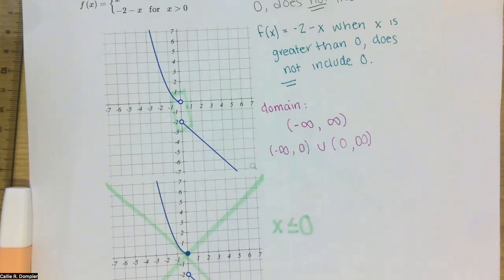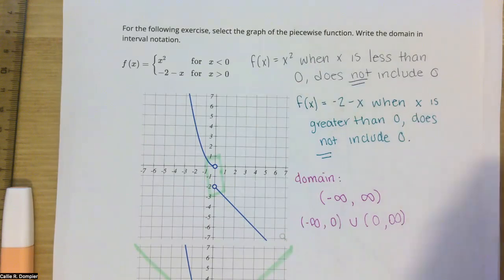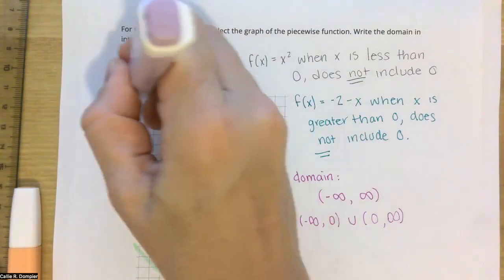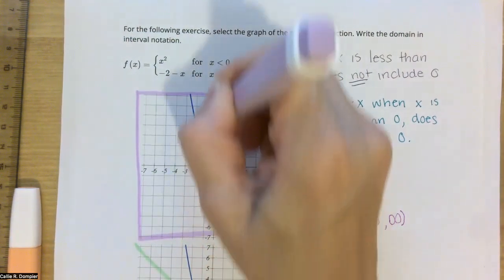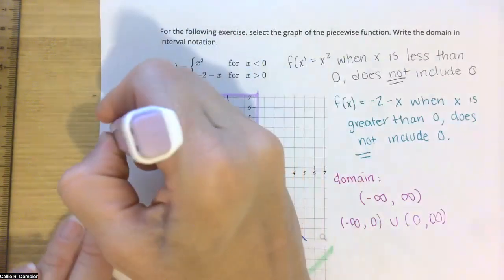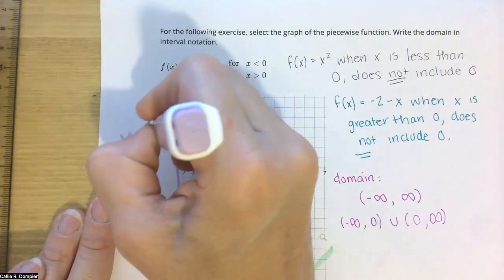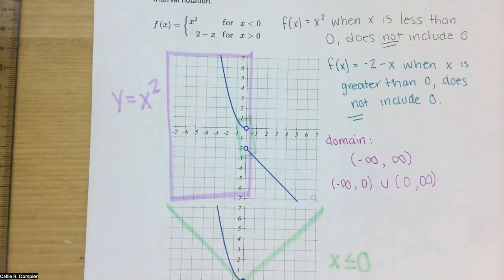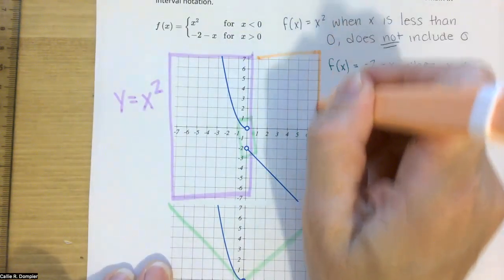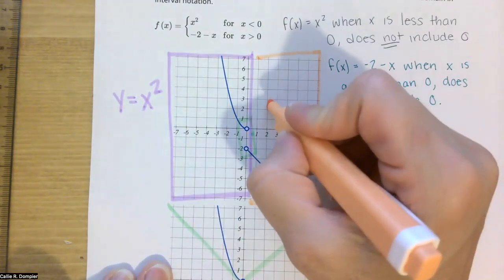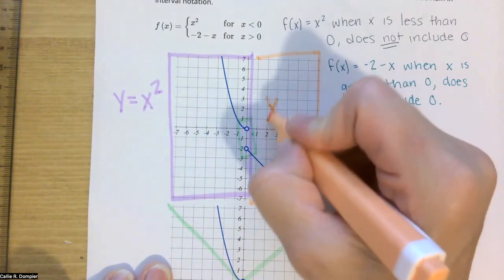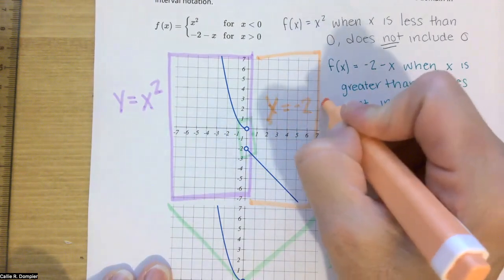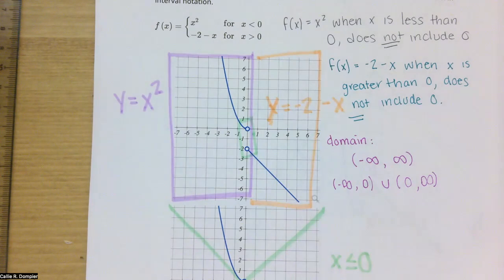Now we just need to decide when x is less than 0, it's x squared, okay? So this side of the graph should look like the graph of y equals x squared. This half of the graph should look like y equals -2 minus x, okay?